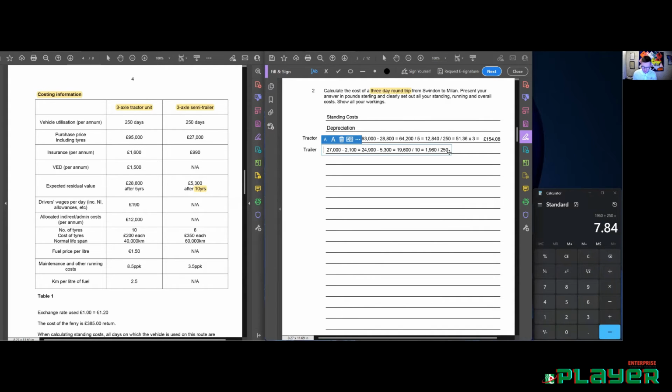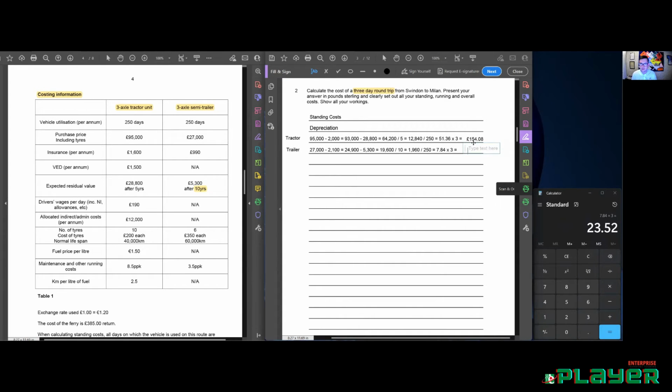Divided by 250 equals £7.84. And I just need to times that back up by the amount of days that the job is done over. So £7.84 times 3 gives me £23.52.